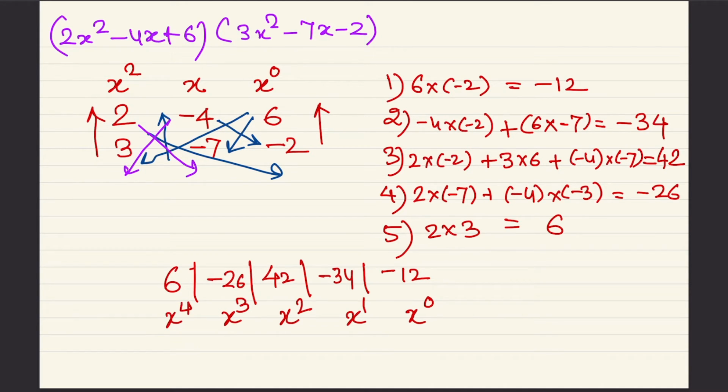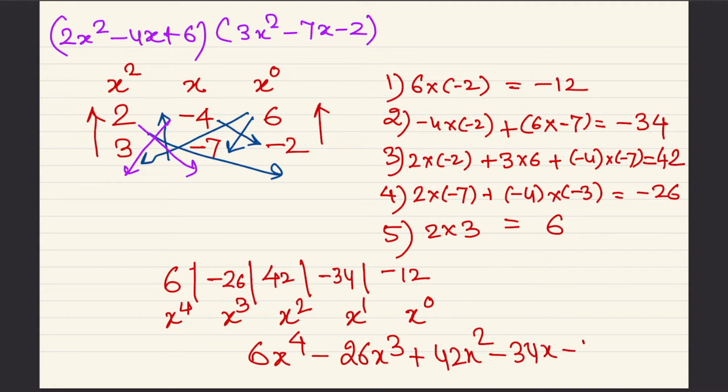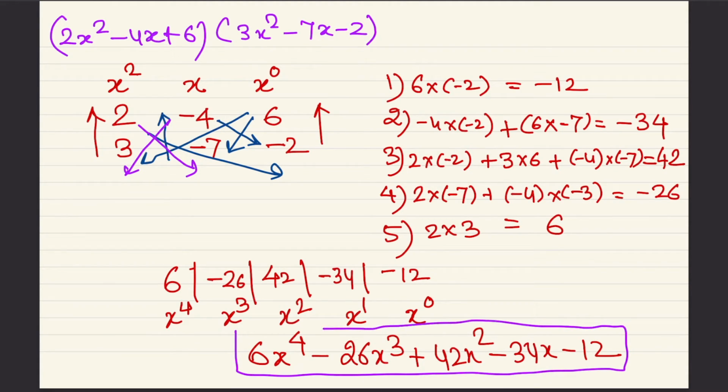So we are ready with our answer, which is equal to 6 x power 4 minus 26 x cube plus 42 x square minus 34 x minus 12. This is the answer for the multiplication of two trinomials in an easy and simplified manner.